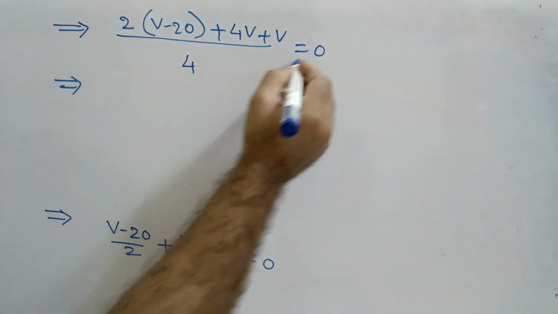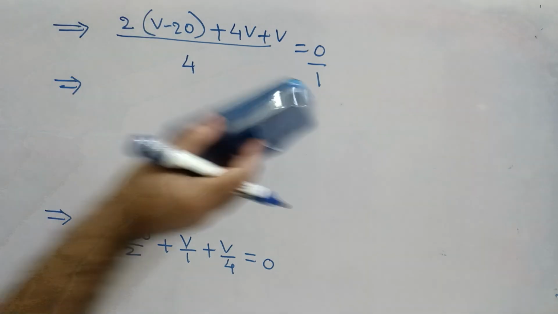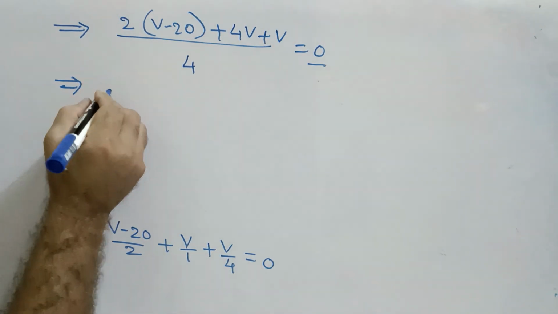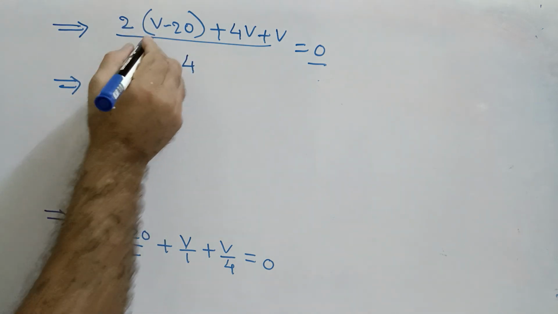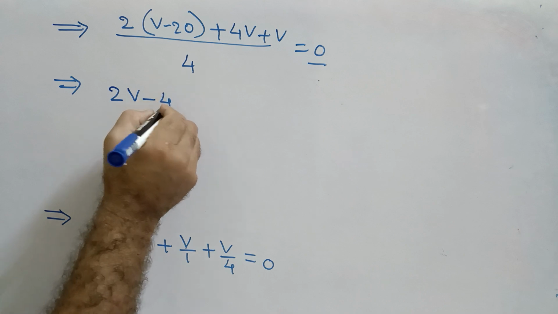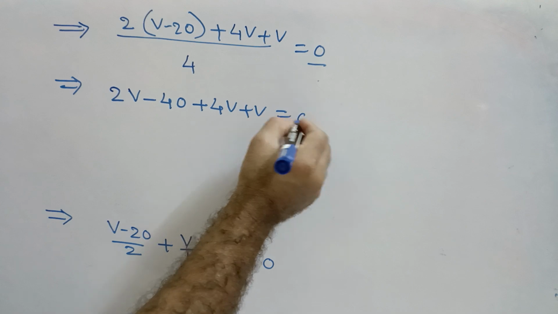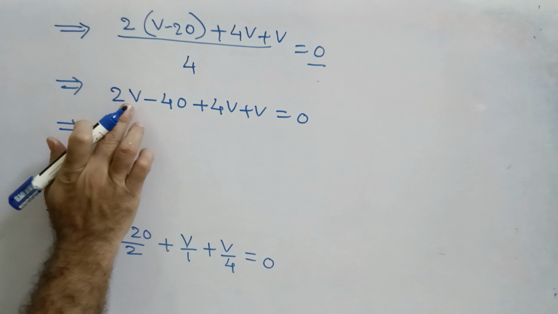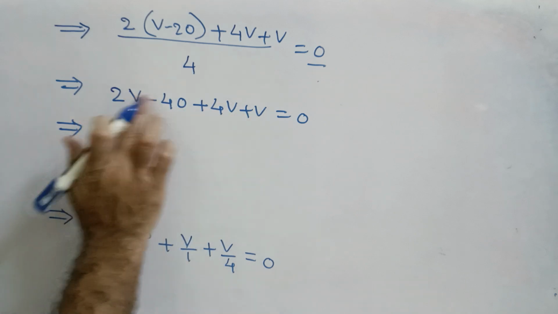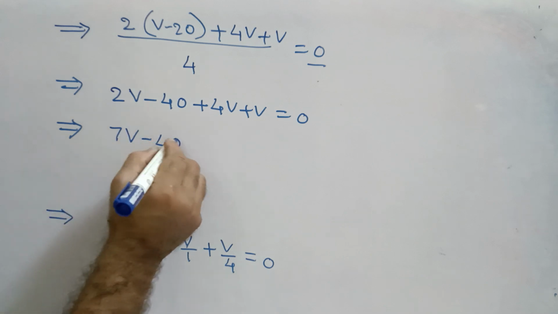Since the numerator becomes 0, I can directly simplify: 2V minus 40 plus 4V plus V equal to 0. So 2V plus 4V is 6V, plus 1V is 7V, minus 40 equal to 0.